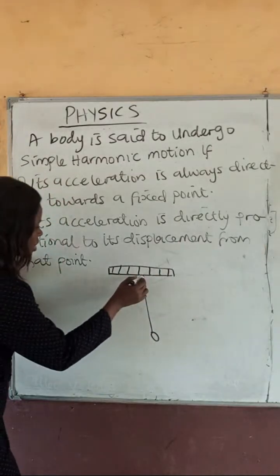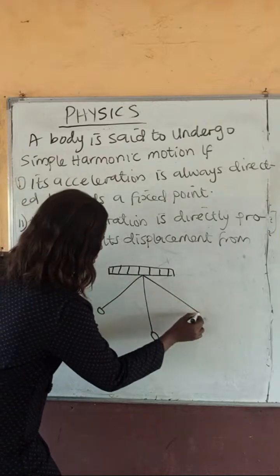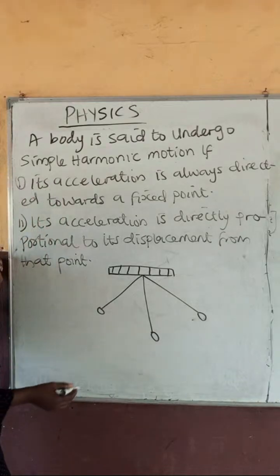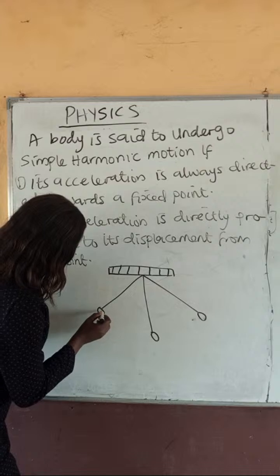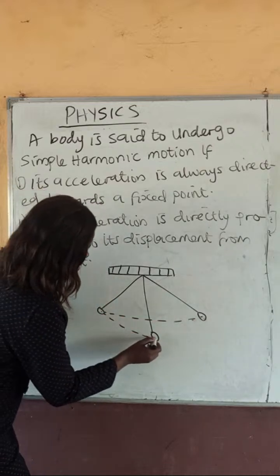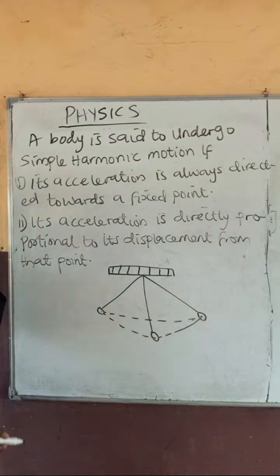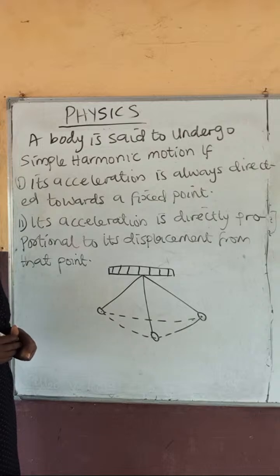So it's going to repeat itself at regular intervals. So we have the movement from here to here. Now this is a motion of a pendulum, and it's an example of simple harmonic motion.